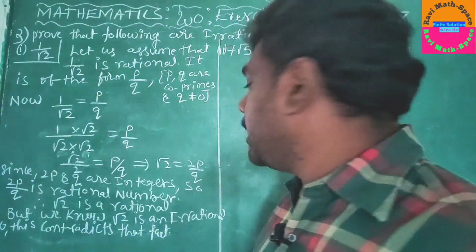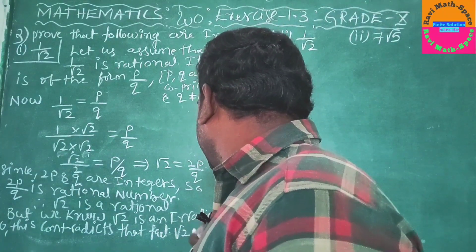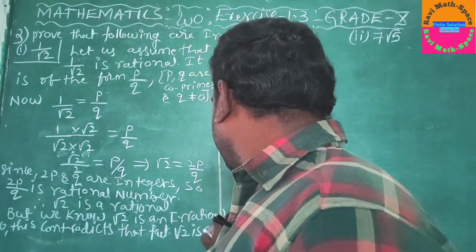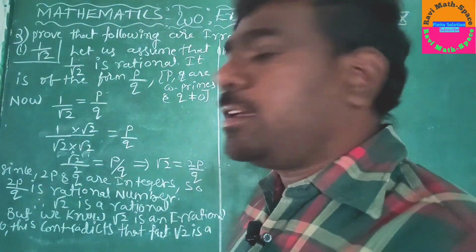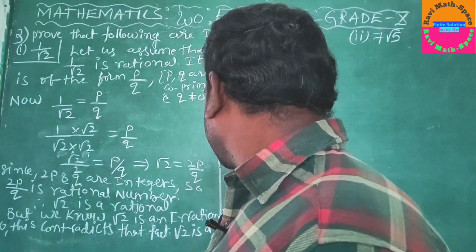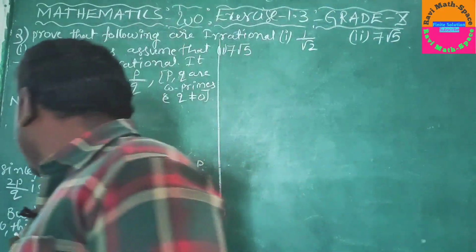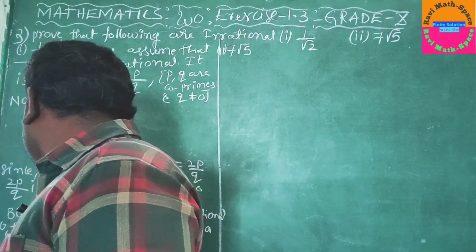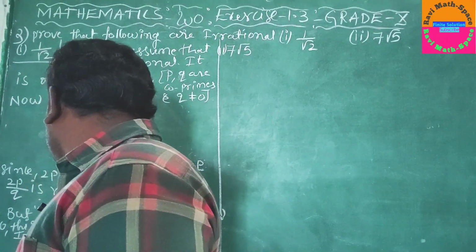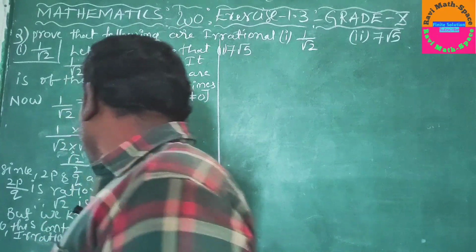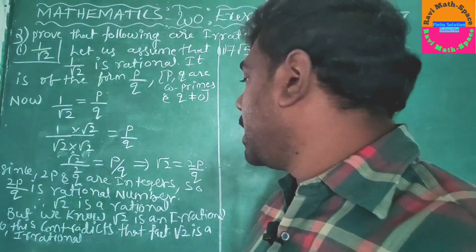What is the fact here? Root 2 is irrational.